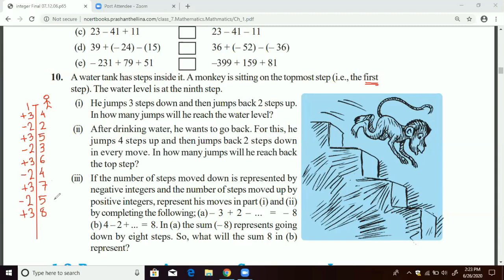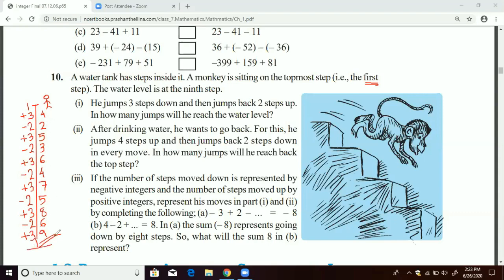The water level is at the 9th step, so he is jumping once again. That means he is going back 2 steps, so he is arriving at 6. Then again he is jumping 3 steps. He is arriving at 9. Yes, this is the water level. Step number 9 is the water level.